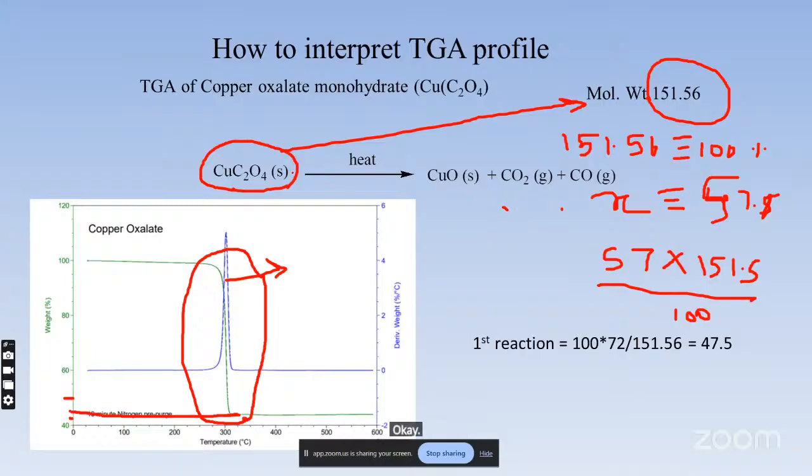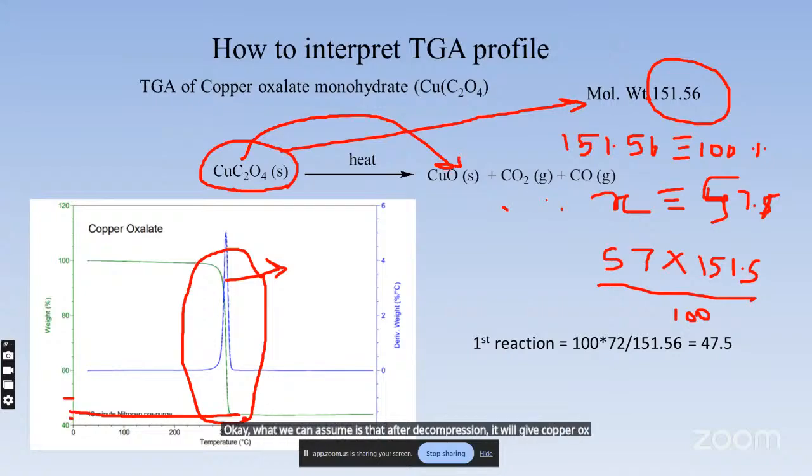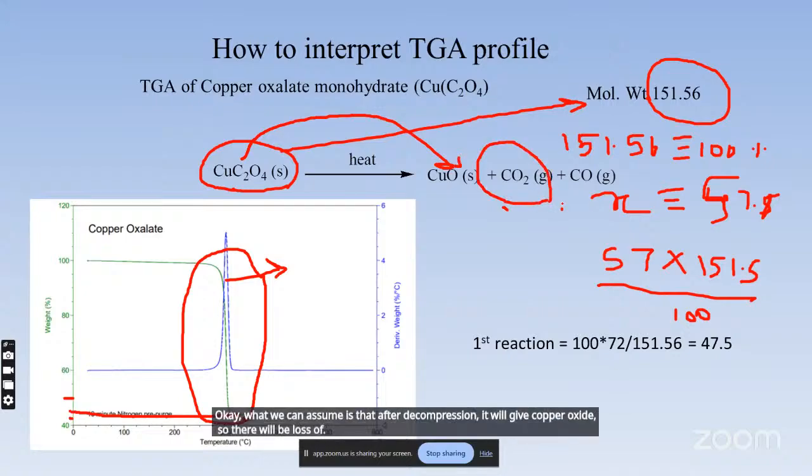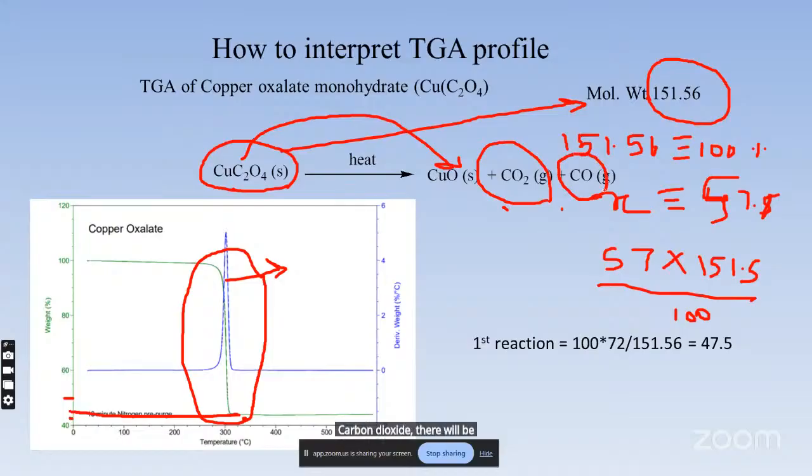Okay, what we can assume is that after decomposition, it will give copper oxide. So there will be loss of carbon dioxide and loss of carbon monoxide. So you have to find out the molecular weights of them. It is 44, it is 28.